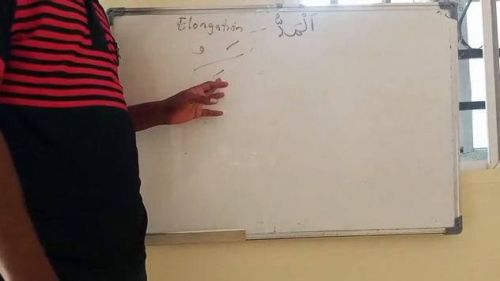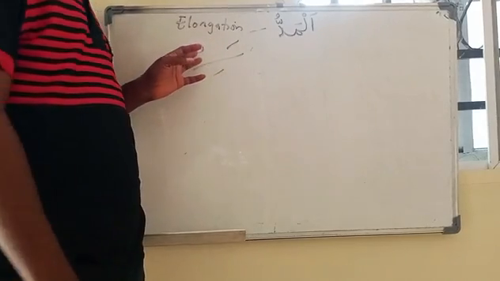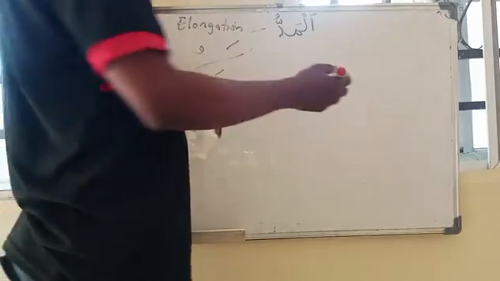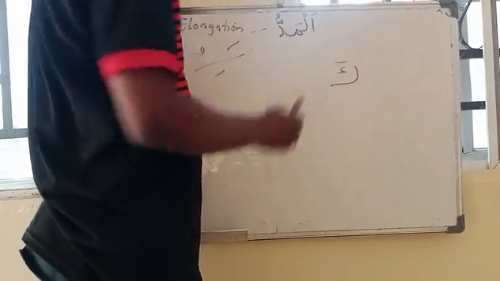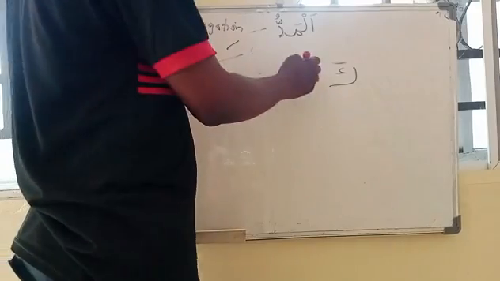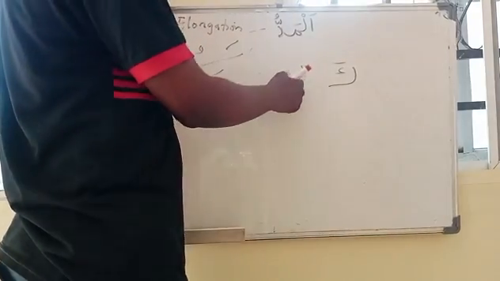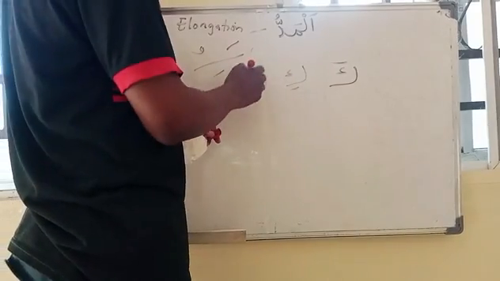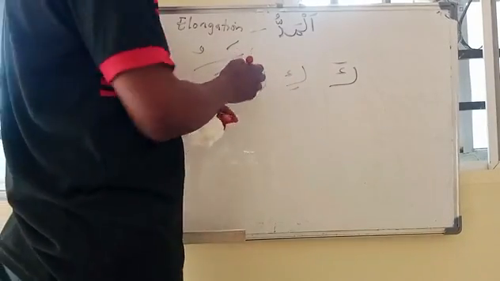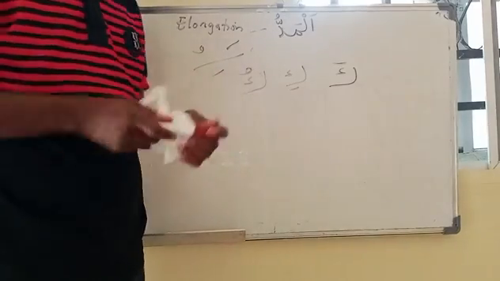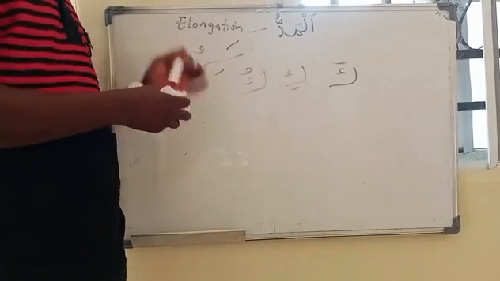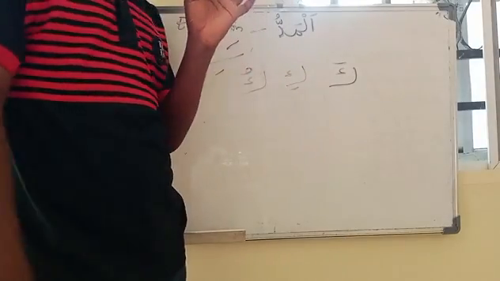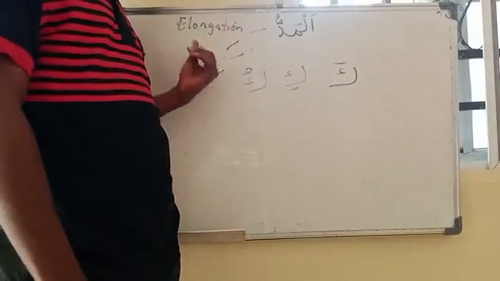Then we use kasra for E, and dhamma is O. So A, E, O. Just like when you have your kaf with fatha, it becomes ka. The kaf with kasra, which can be written here or here, becomes ki. When it is with dhamma, it becomes ku. That is the harakat, and these are the short A, short E, and short O sounds.